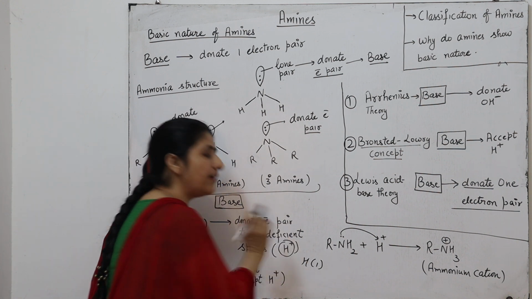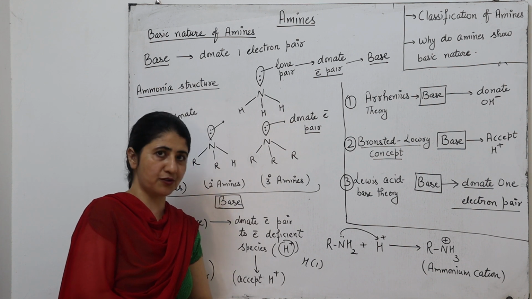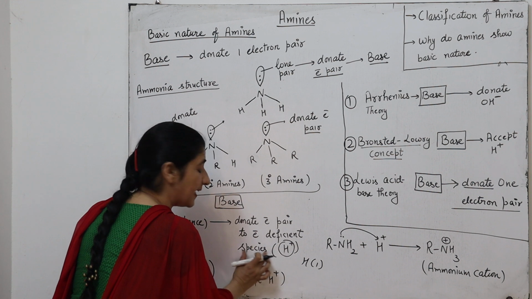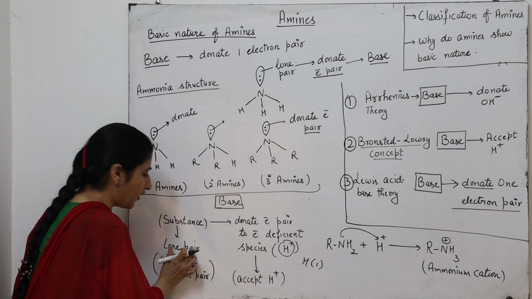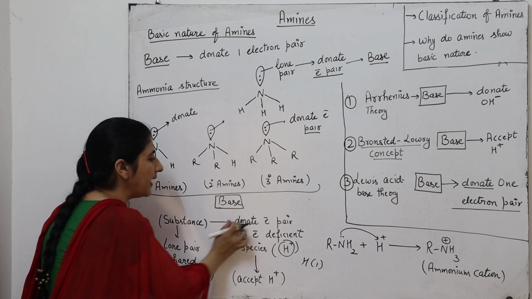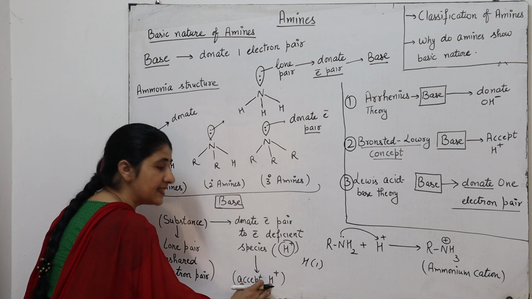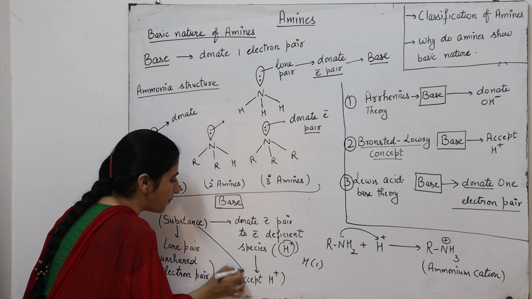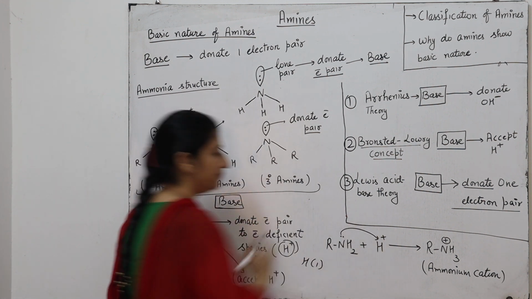So the H positive ion requires 2 electrons to complete its outermost shell. That is why H positive is an electron deficient species. A substance which has a lone pair can donate it to an electron deficient species. In other words, it can accept H positive ions by donating its lone pair.